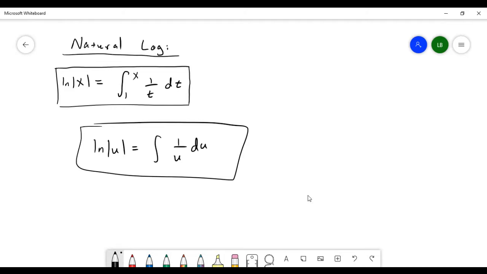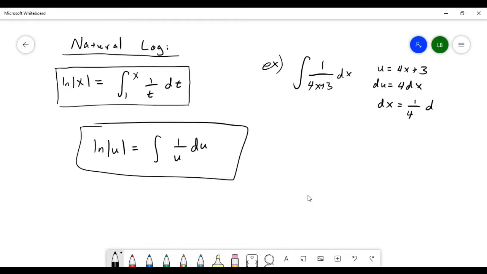So, for example, say we had the integral of 1 over 4x plus 3 dx. Well, we could let u equal 4x plus 3. Du is 4 dx, so dx is 1 over 4 times du. Then we end up with the integral of, we can pull our 1/4 out, du over u.